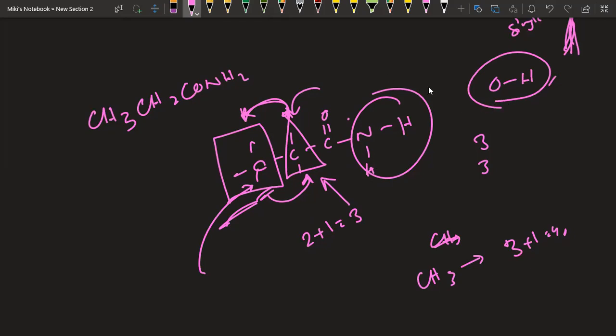We will completely consider them as a functional group, and those functional groups will give us a singlet.